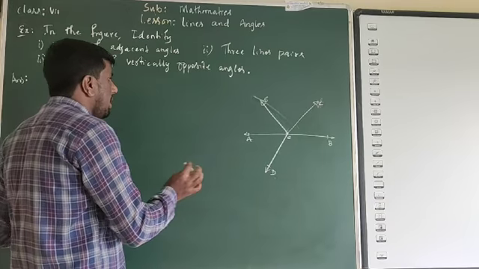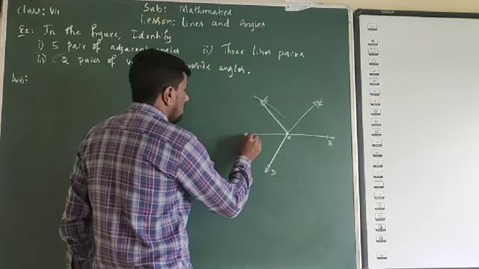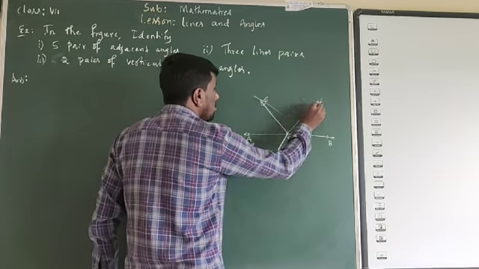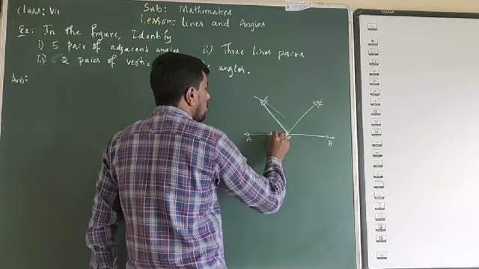Say one pair I will note is AOE, EOC. Of course, these two angles are adjacent angles because the common arm is OE and the common vertex is O.